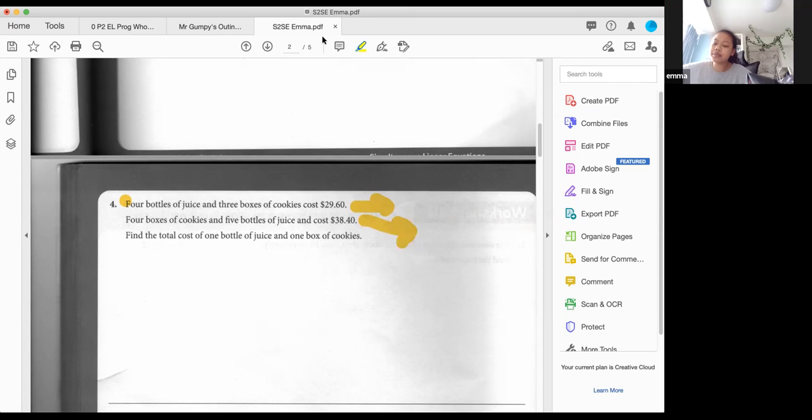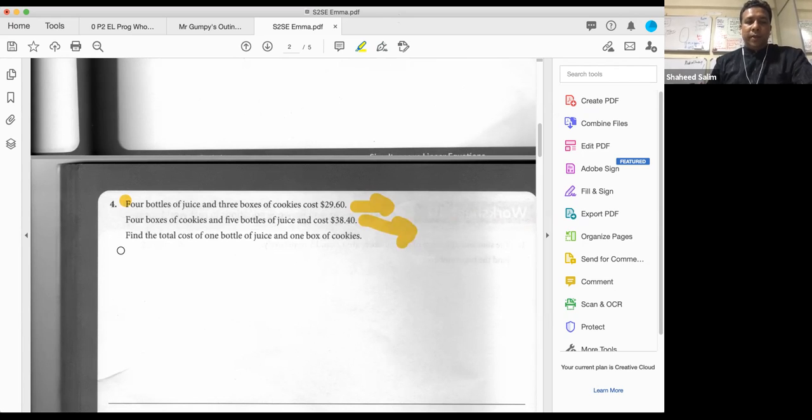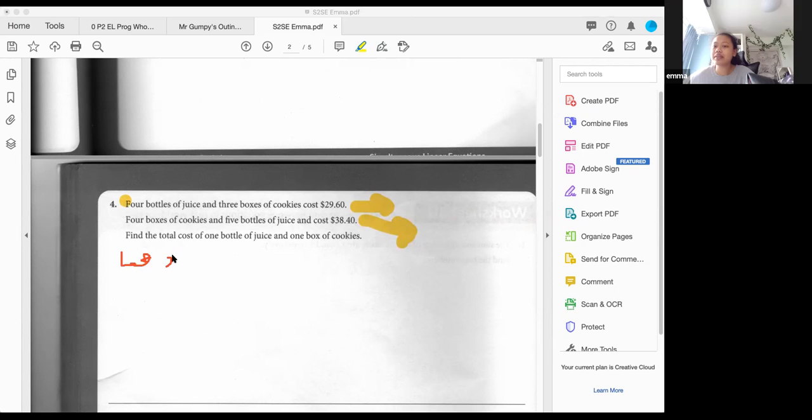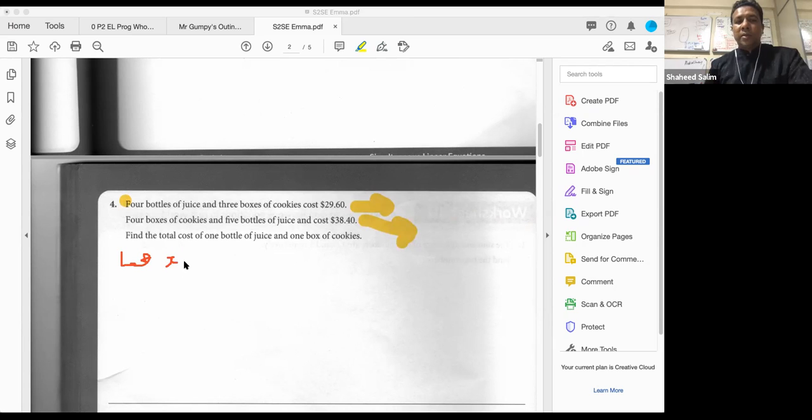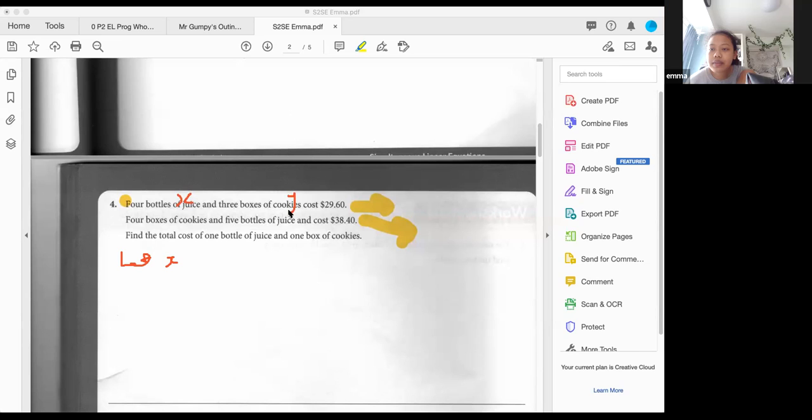Down here now, you got to start with this. You must let X be so and so, Y be so and so. Then you change it into the equation. So let's say juice is X and Y is cookies. Can you tell me what the two equations are? 4x plus 3y equals 2960.